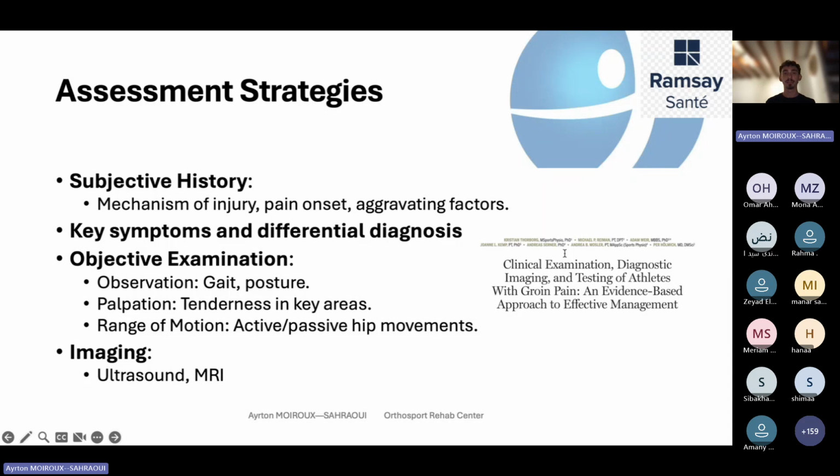You need to be more specific to each sport, more specific to the demands of the sport, okay, specific to the training schedule also, and be aware of any increase in intensity or volume during the season.